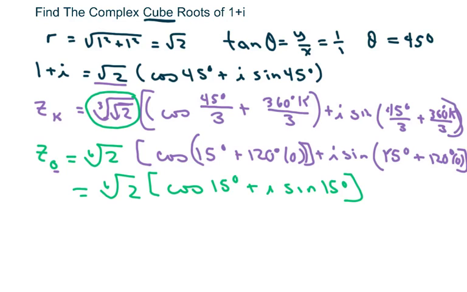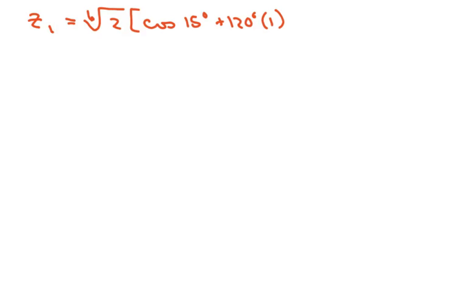All right, so now we're going to do the other 2. We need 3. This is our first one. We'll do our other 2. So we need c sub 1. This is going to be the 6th root of 2 times cosine of 15 plus 120 degrees times 1, plus i sine of 15 degrees plus 120 degrees times 1.